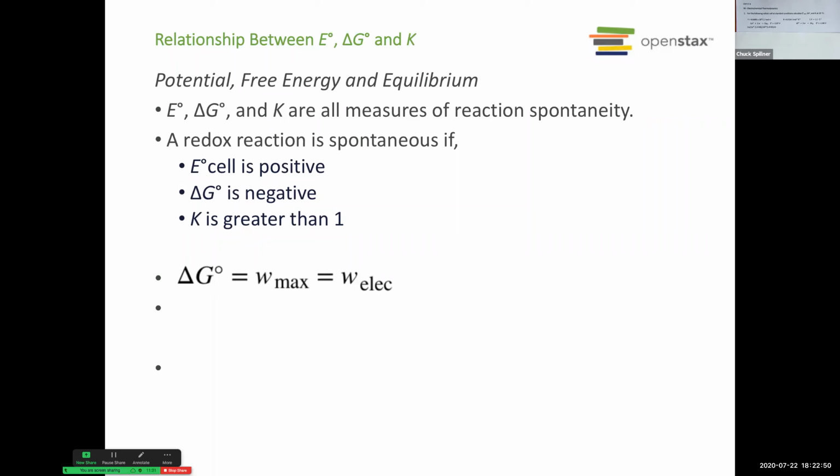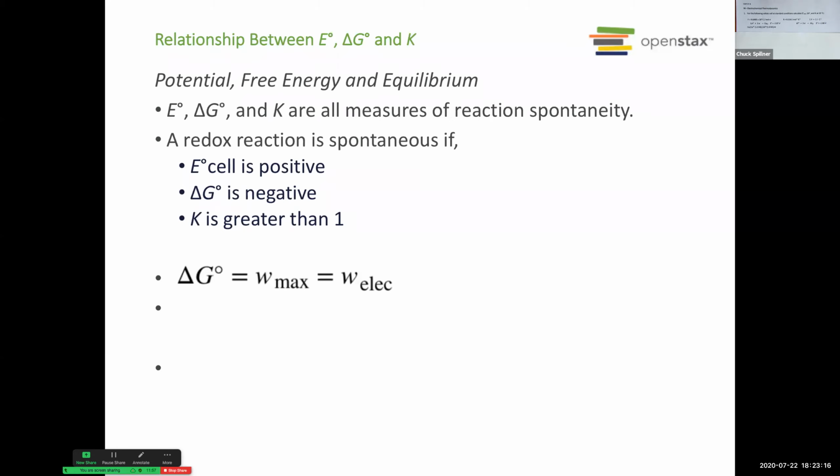And they said if the reaction is pretty close to equilibrium, it's reversible. But anyway, this was a statement that the maximum work that a system can do is equal to the free energy of that system, the standard free energy.